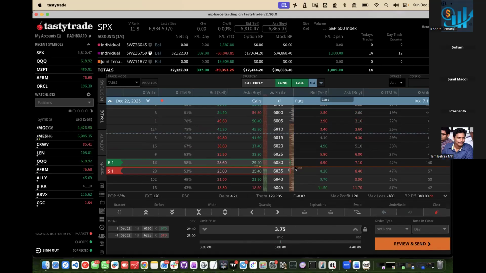If the price is here, you see ITM. This is the SPX price, 6834.